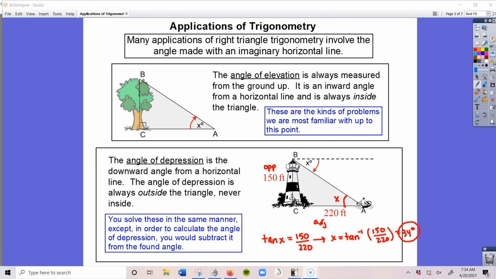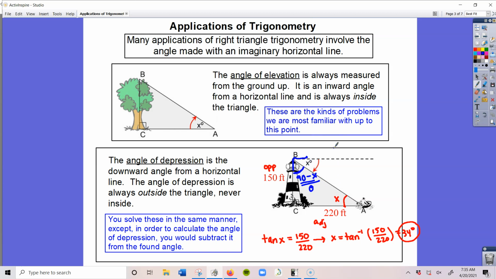Then you would need to keep in mind that this angle here is 90 minus x. Since both of these angles, if you add them together, will give you this corner, which is 90 degrees, since this is vertical and this is horizontal. When you put a vertical and a horizontal together, it forms 90 degrees. Then what we could do is solve for the angle here, this 90 minus x. We'll call that theta.